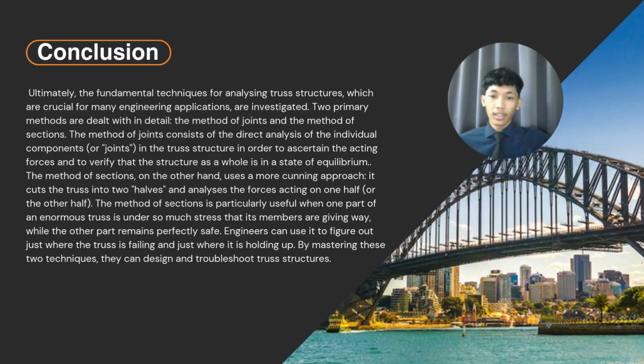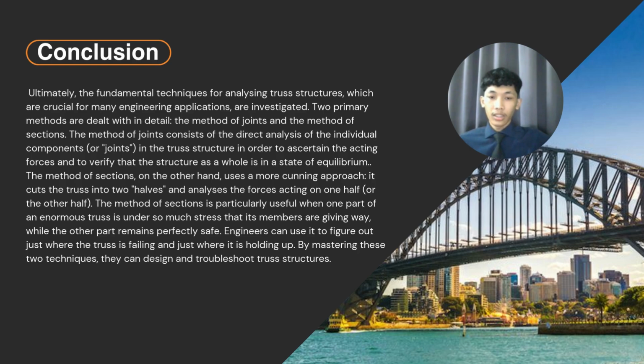On the other hand, the method of sections takes a more strategic approach by dividing the truss into two sections and analyzing one half at a time. Engineers can determine the forces acting on those sections. This method is especially useful in large trusses where some parts might be failing while the others remain stable.